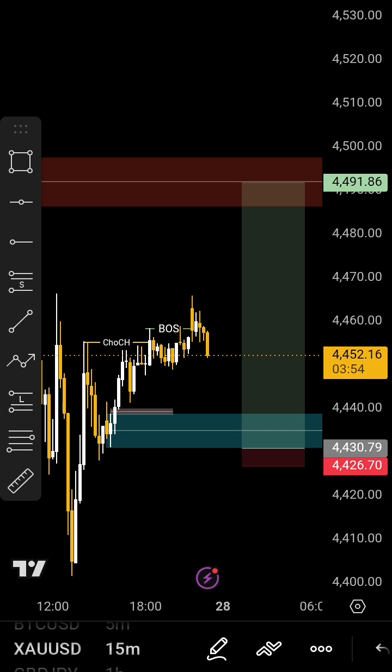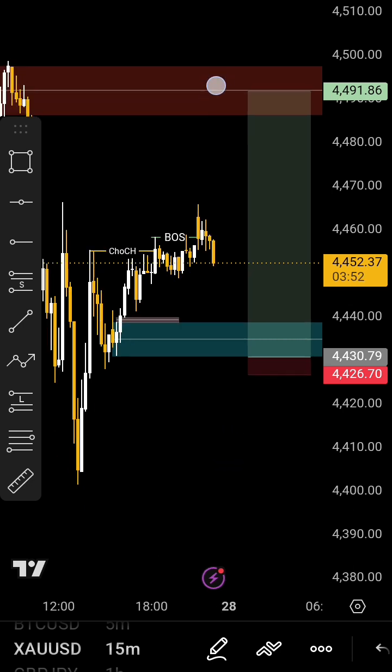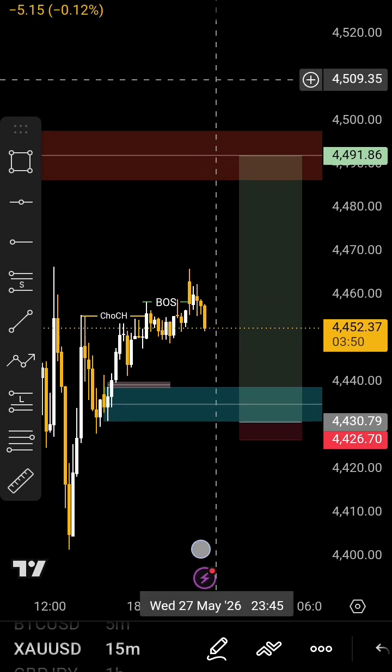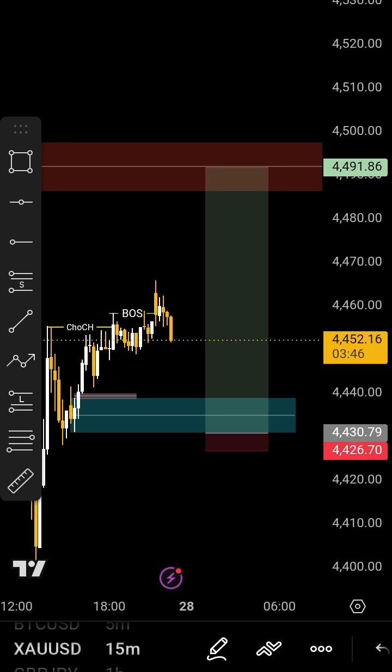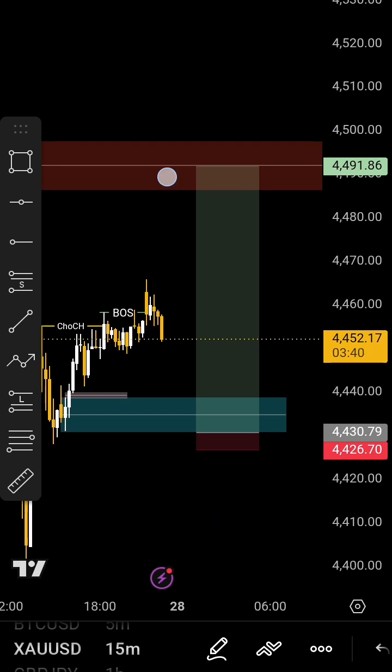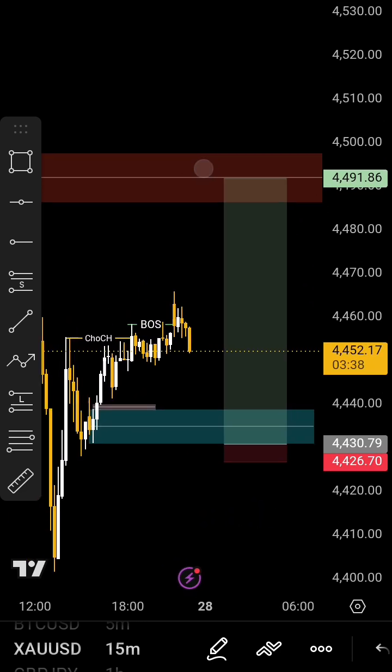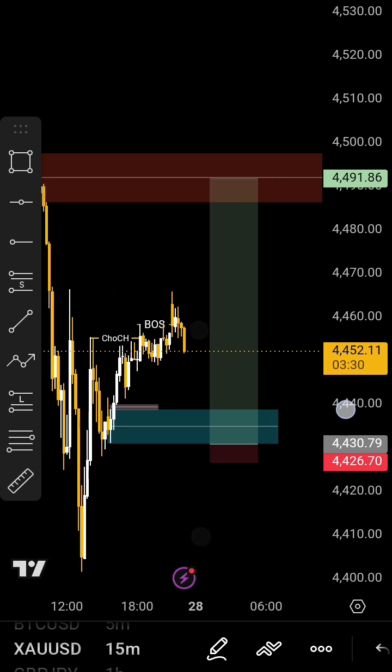And if it ends up breaking this level and going up, it will always retrace back. That's one thing about price. Once price breaks a level, it always retraces back into an order block before continuing, right? So even if it breaks this resistance or this supply, it will retrace back into the zone again, and then we can have another entry.